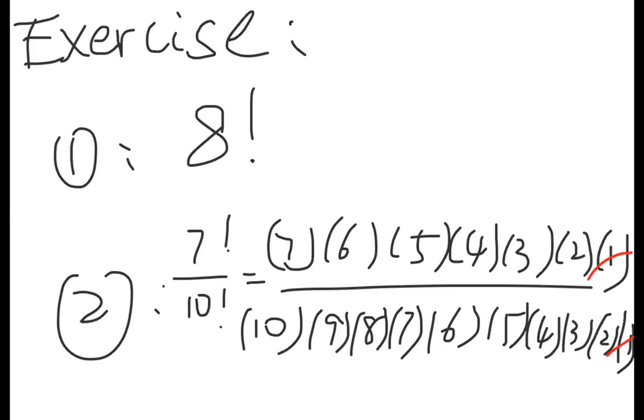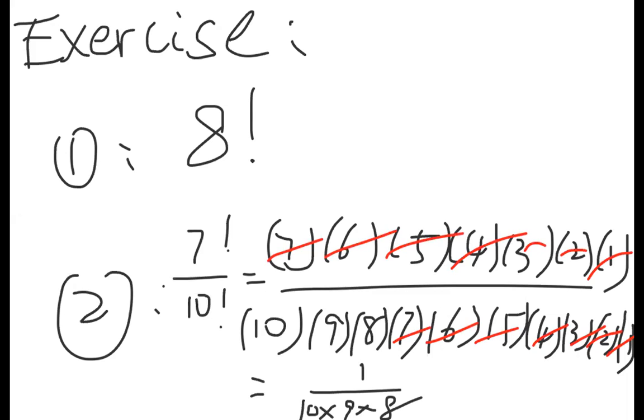You have 1, 2, 3, 4, 5, 6, and 7. What is left over is 1 on the numerator, and 10 times 9 times 8 in your denominator. So the result is 1 over 720.